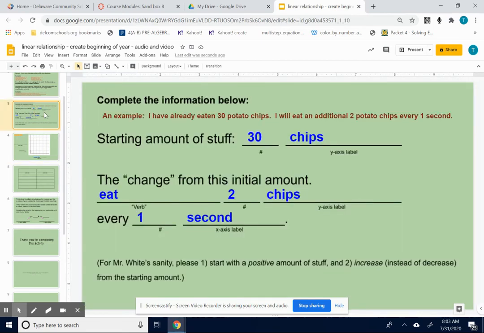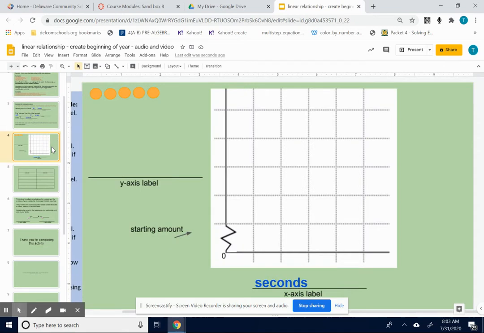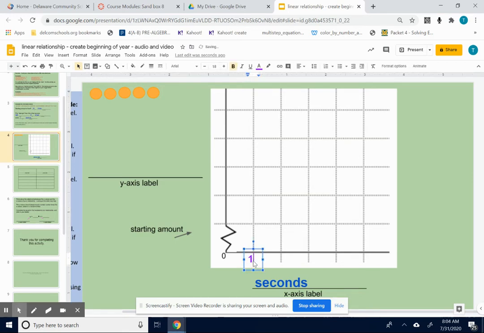See, mine was every 1 second. 2 chips every 1 second. So I'm going to count by ones on my x-axis. I'm going to type 1, and then keep counting by ones from there. So 2, 3, 4, 5.